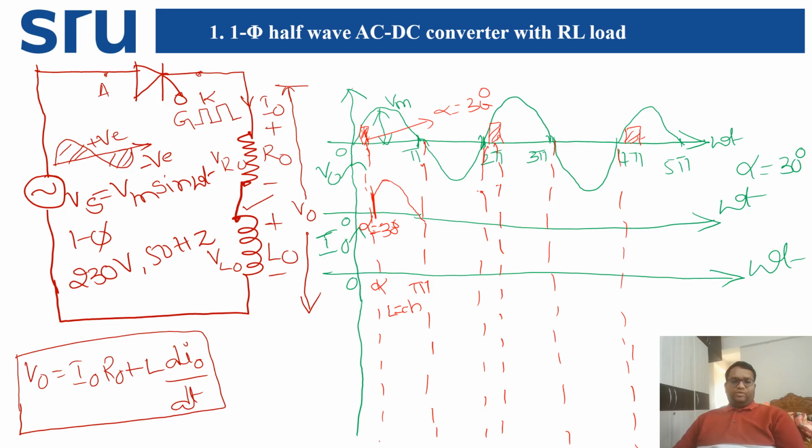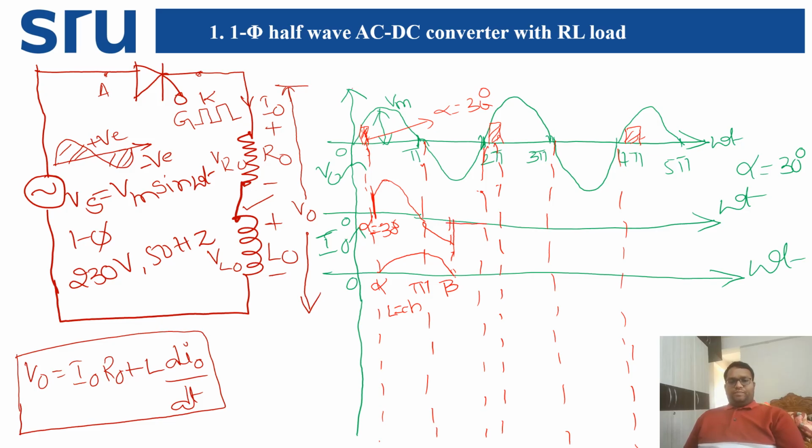That is why we are going to draw the inductor current from alpha up to this position, where it is charging, and after that it will be discharged. Let us take this angle as beta. Now up to this position the inductor operation will complete, and the output voltage will exist from pi to beta. So up to this there is no voltage.